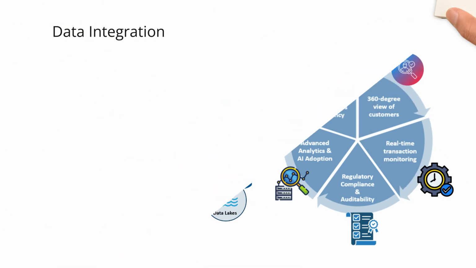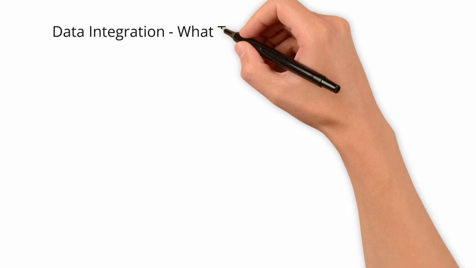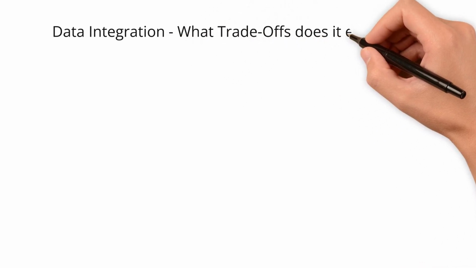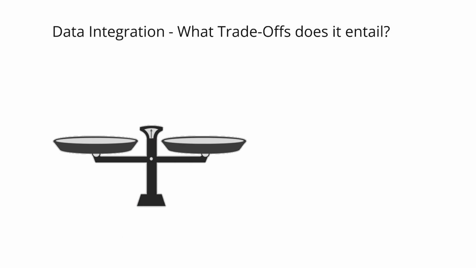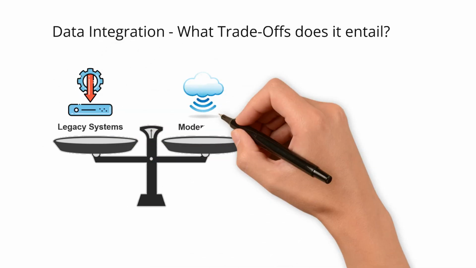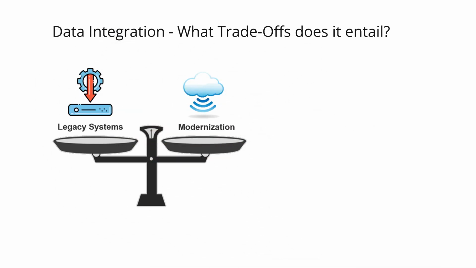Let's talk now about the trade-offs banks face when rolling out integrated solutions. The key trade-offs banks have to consider when they are implementing integrated tech solutions are, among others, legacy systems versus modernization. Many banks still depend heavily on their legacy core banking systems.